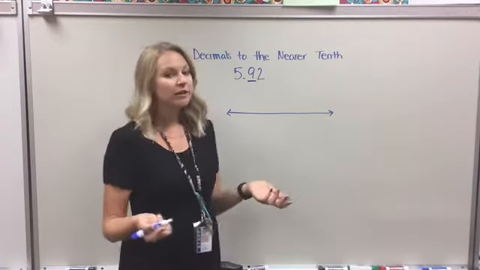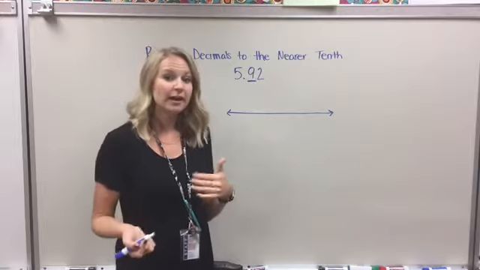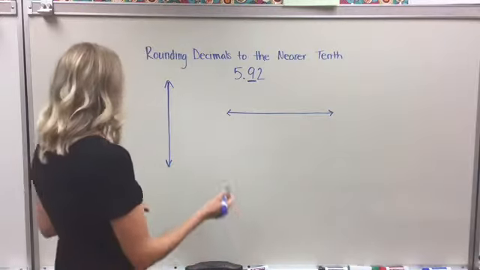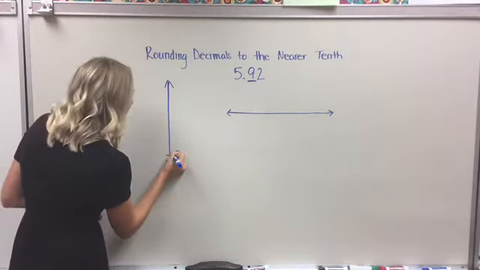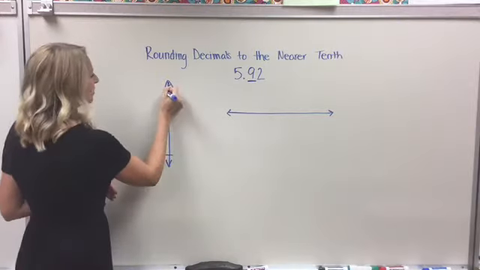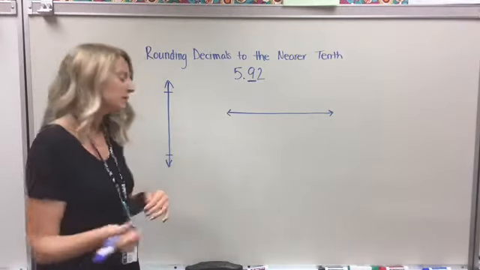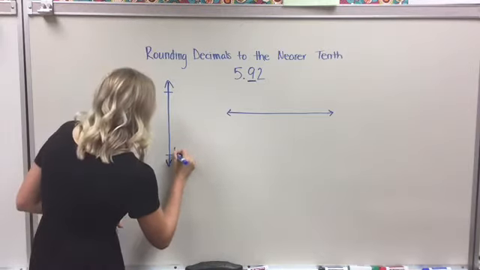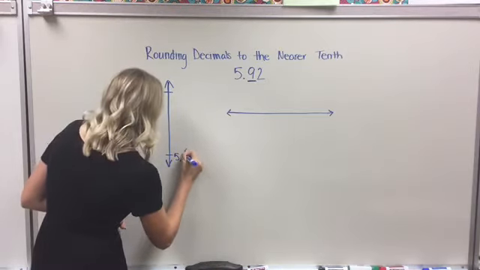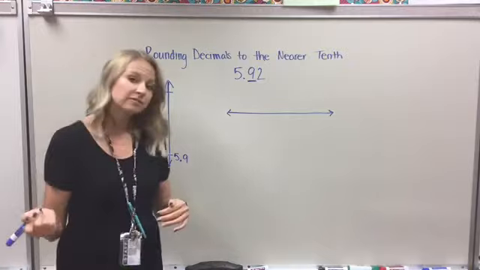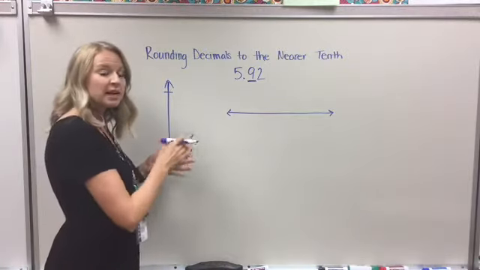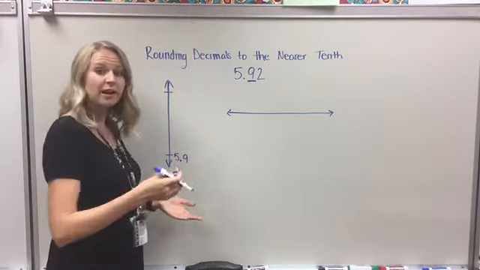Now that we've identified what our two endpoints are, we can go ahead and plug them in on our number lines. For my vertical number line, I'm going to start off by just drawing 2 tick marks at each end for my endpoints. So at the bottom, I'm going to have my 5 9/10 because it has the lesser value, and I want my values as I go up on my number line to be higher.